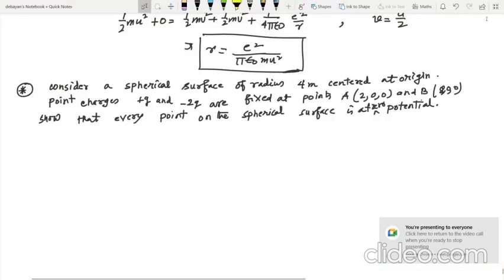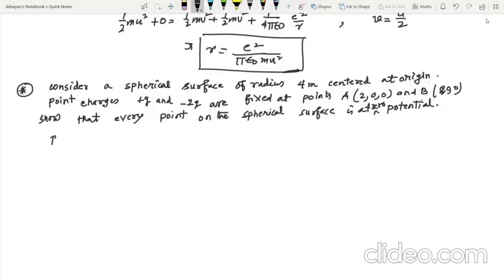If P is any point on it, x square plus y square plus z square equals the radius square, r square. This is the equation of the sphere.